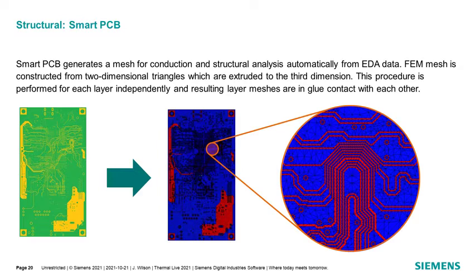And this procedure is performed on each layer of the board independently. And then, as we know, the copper within each layer is significantly different. So each layer is meshed independently and then glued together automatically using a glue contact between each layer. So all this is an automated process to quickly and easily set up a very robust finite element model of an explicitly detailed PCB.